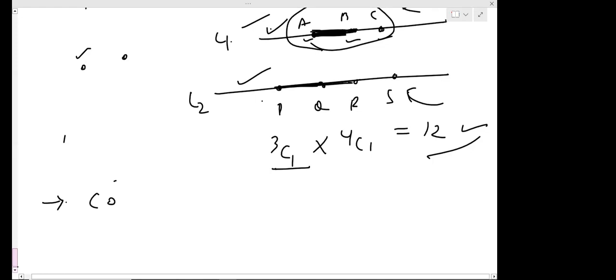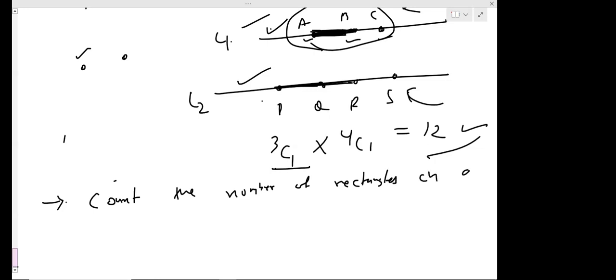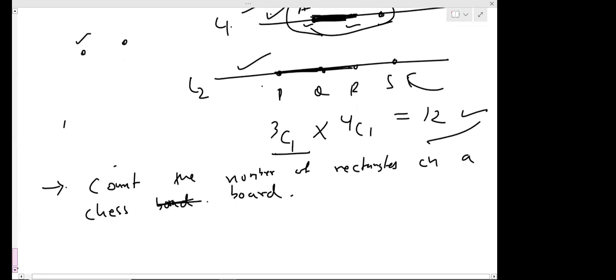Next question. Count the number of rectangles in a chessboard. Okay, give it a try.